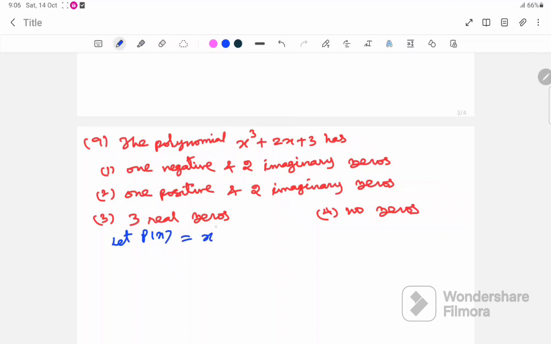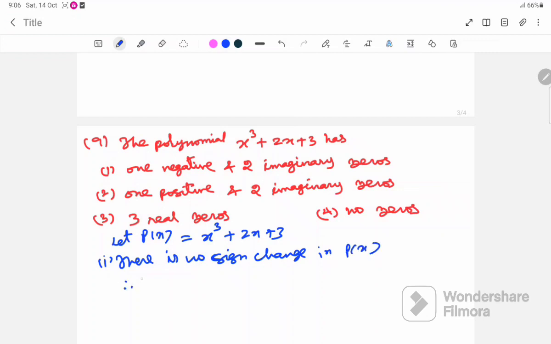P of x equal to x cube plus 2x plus 3. Then listen here, there is no sign change in p of x. Therefore, there is no positive root.